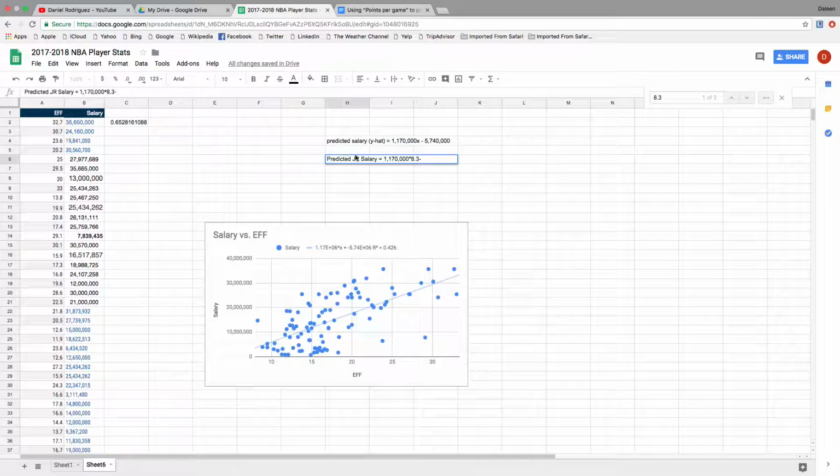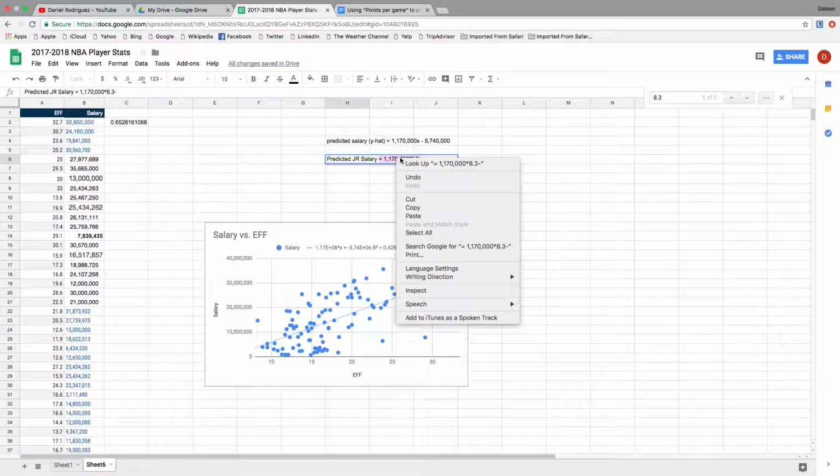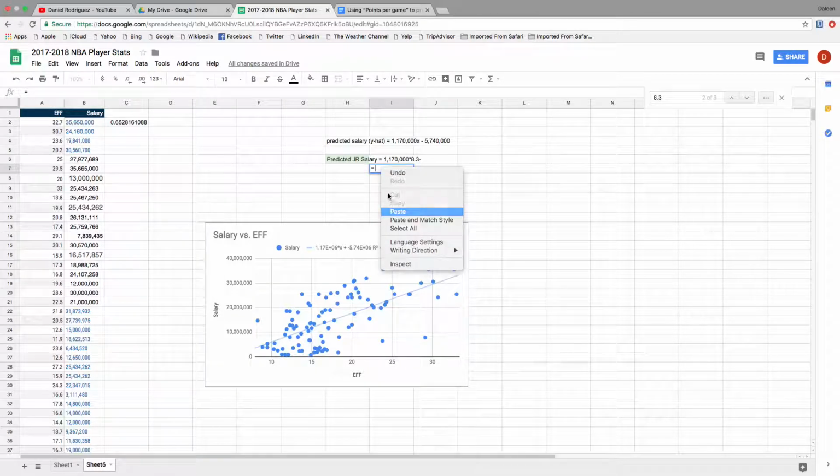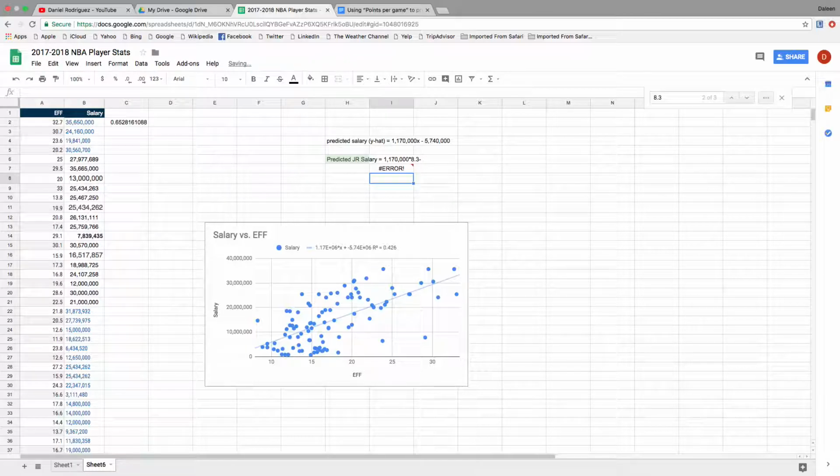Minus, or actually, I'm going to copy and paste this into a new cell because it won't do the math because I have letters there. So I'll just do it down here. Equals, paste. Now, of course, I have 2 equals. All right, 1.17 million times 8.3 minus 5,740,000.